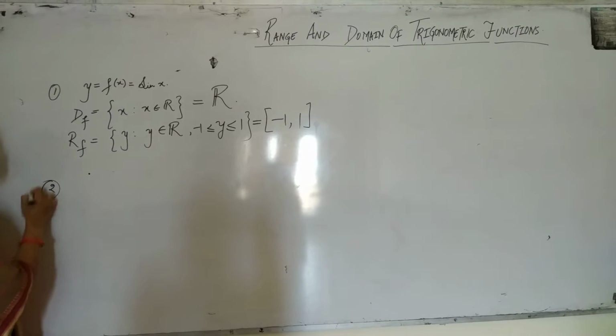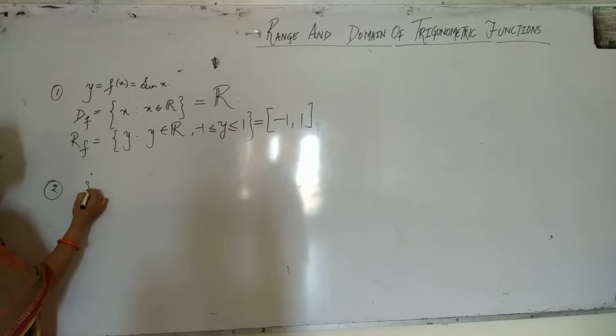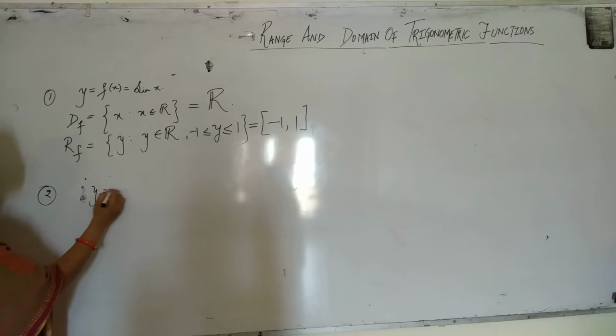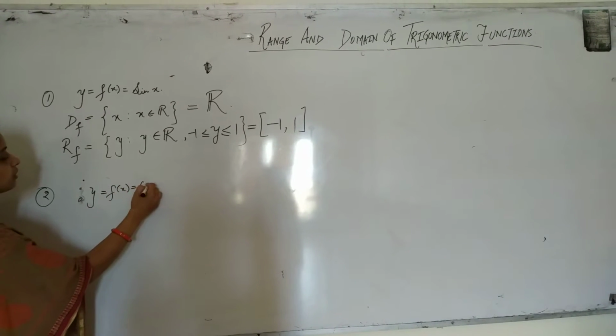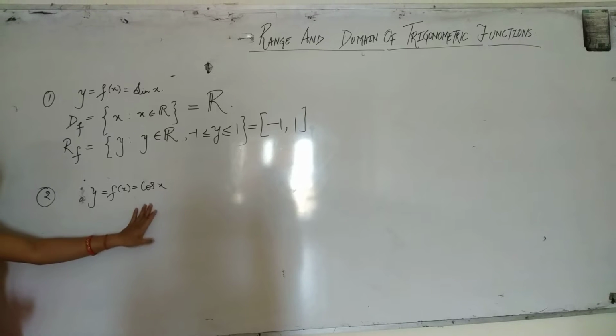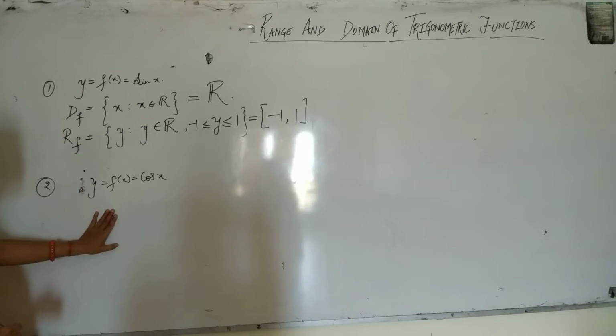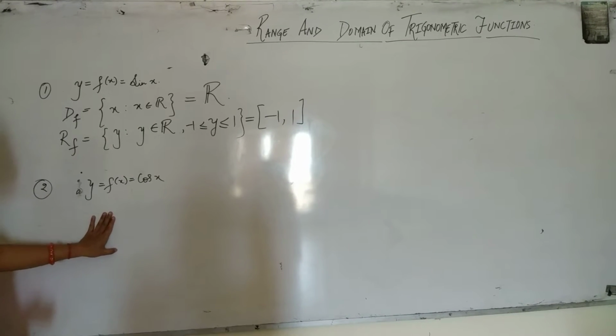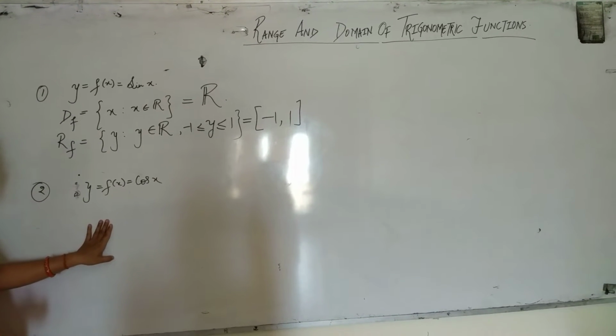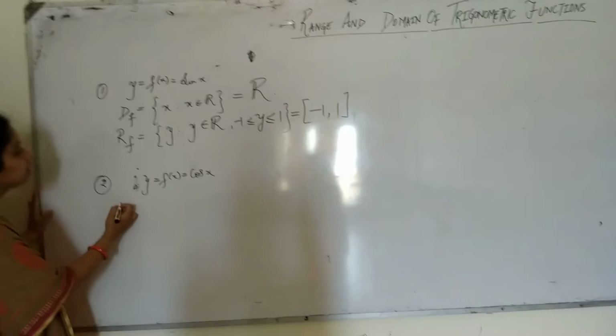Now the second type of function is y = f(x) = cos x. We can observe this cos x by using a table which I have already explained. I can also show that table in the description.